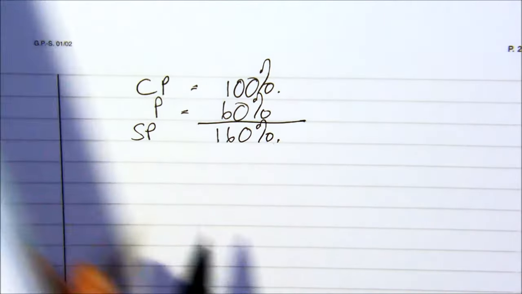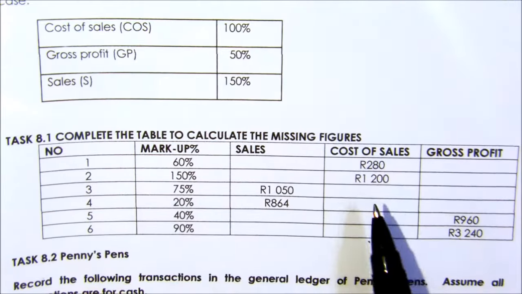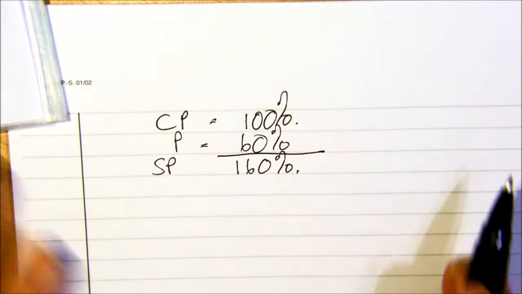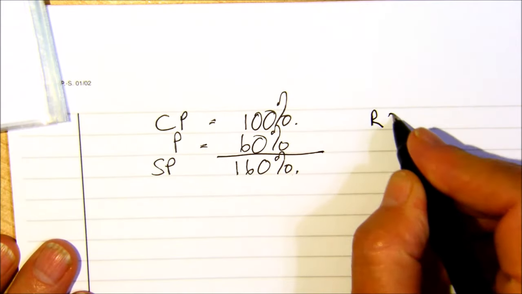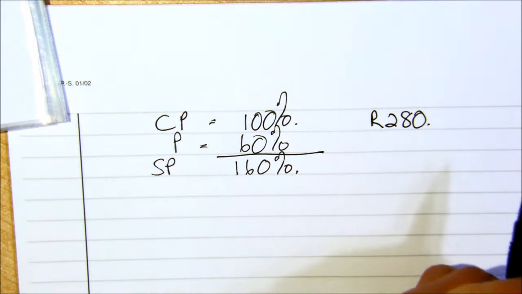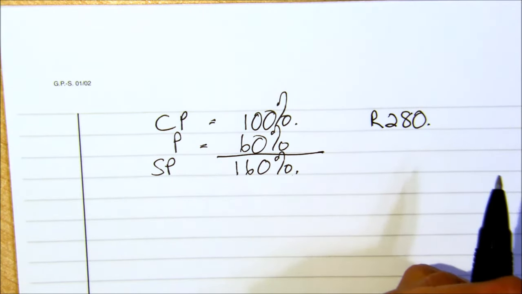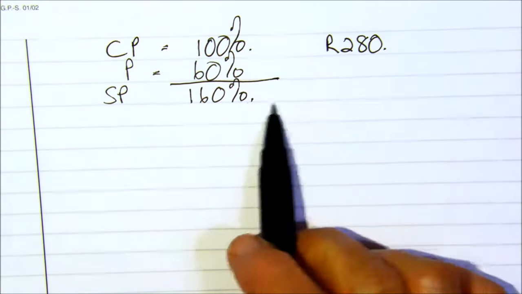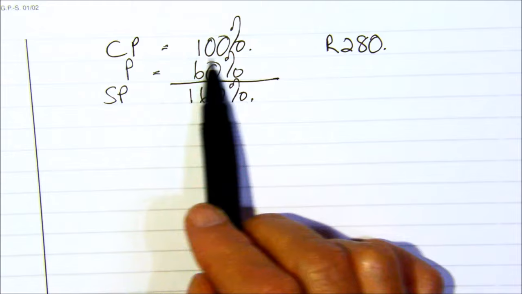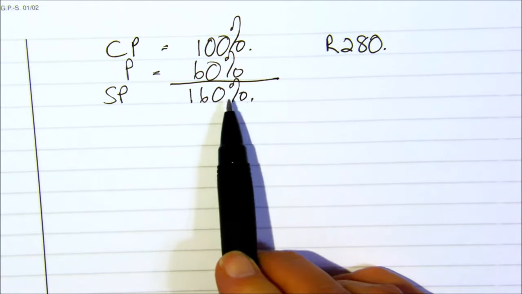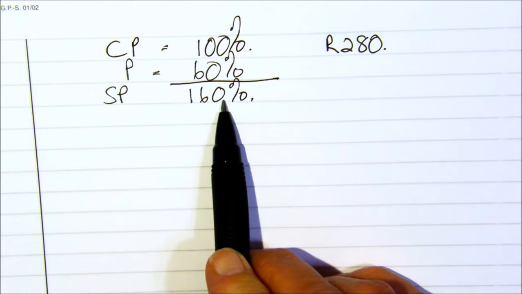Now, the figure that you were given here, the 280, is the cost price, the cost of sales. So the cost price is what you bought the goods for. So you went and bought goods for 280. It's your cost price when you went to the shop and you bought those items. You now want to add on a profit, and you want to add on 60% of that. So you're going to sell it for more. You're going to sell it for 160%.